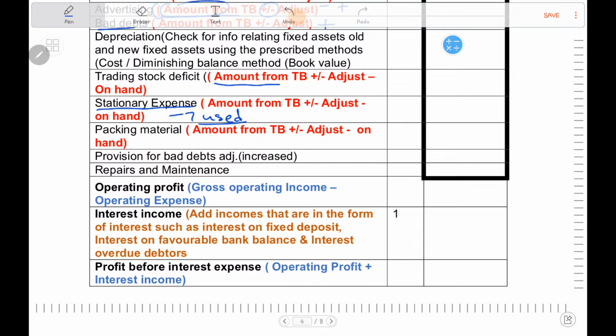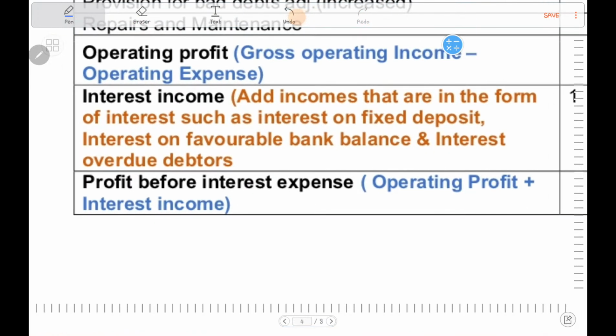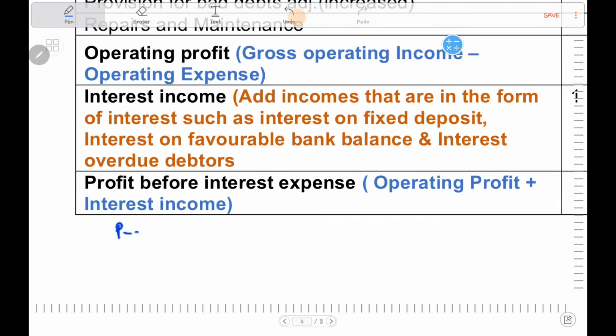When provision for bad debts increase, you have to find the difference between the one that is for the current year and the one from the previous year. If it increased from 1 year to, let me show you. So when you deal with provision for bad debts, just use the following method.